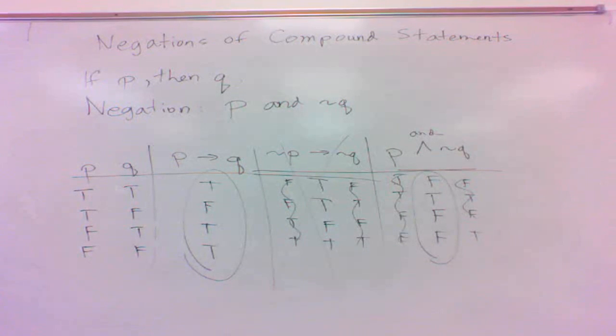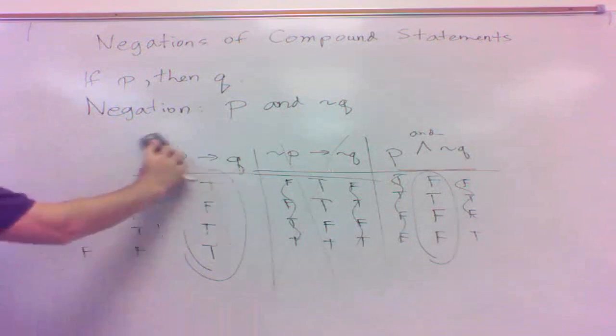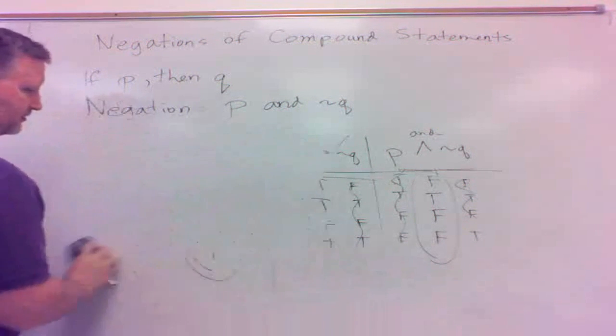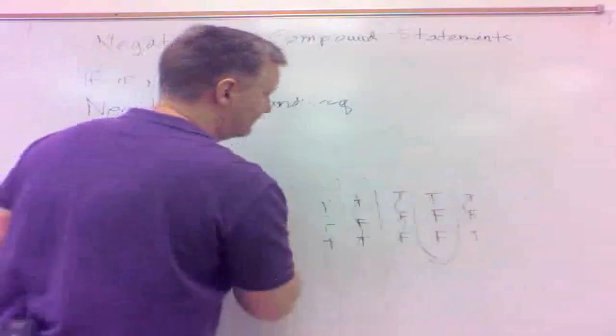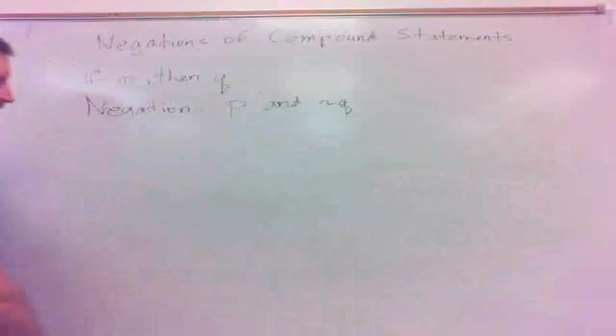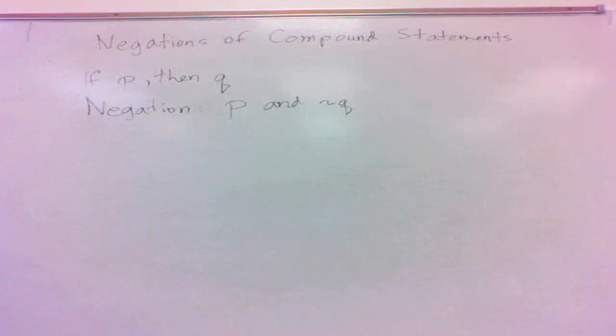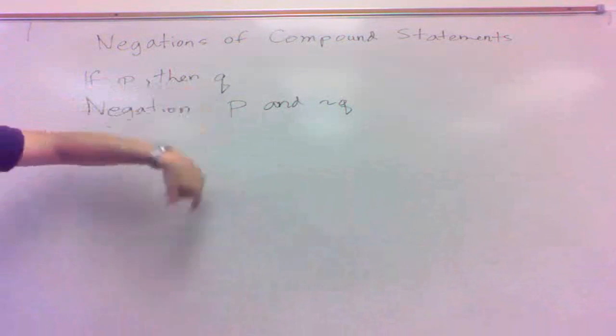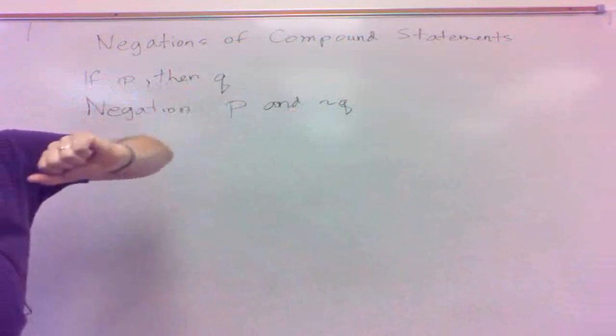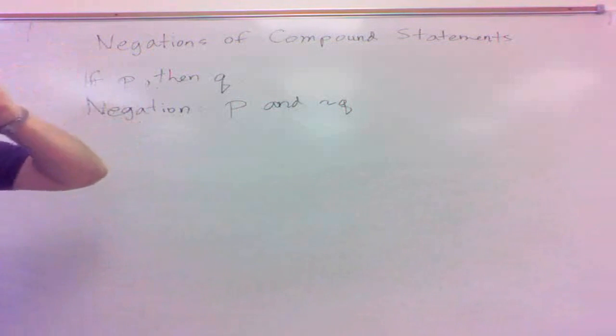Let's talk about that. A couple little things on that. The negation of if P then Q turns out it's an and statement, right? I've got if P then Q, the negation of it's an and statement. So that's the first thing right off the bat.